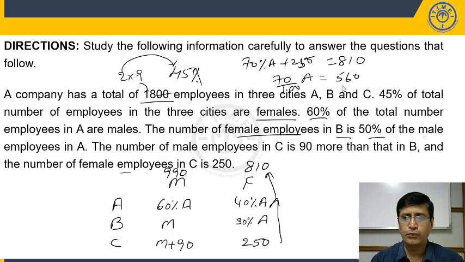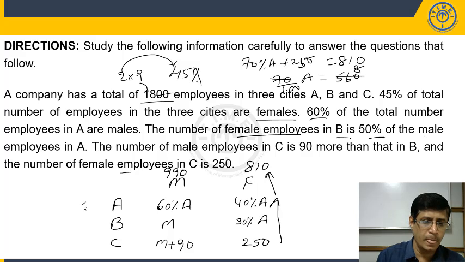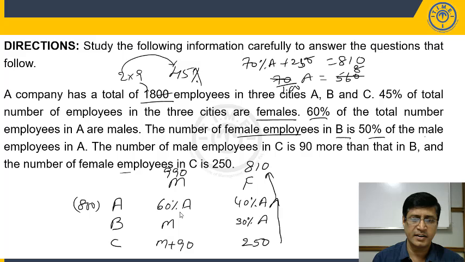So 70% of A is equal to 560. Simplify: 70 goes exactly 8 times in 560. So the value of A is equal to 800. The number of employees in A is 800.